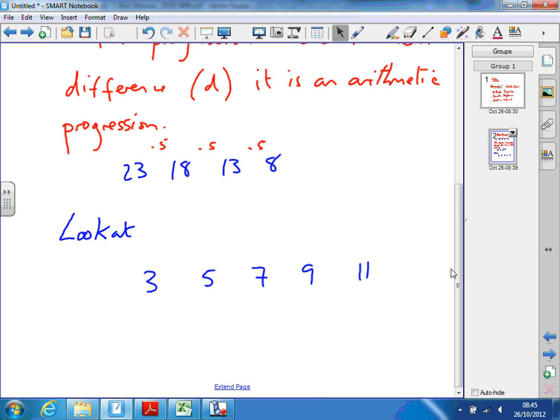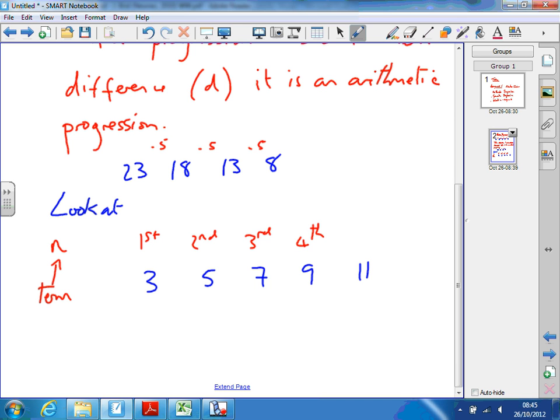So we say n for the term. This is the first term, second term, third term, fourth term, and so on, up to the nth term.